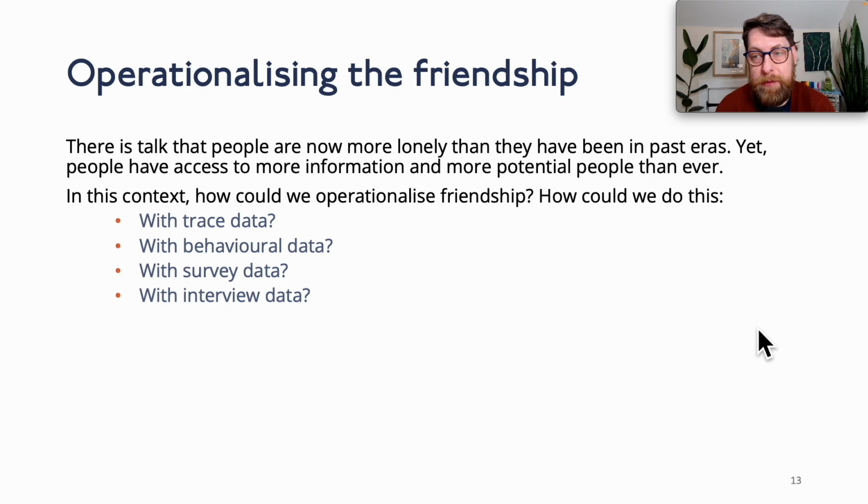So with survey data, we may have to disentangle that. And with interviewing someone about their friendship, it could be very much in depth, but we may get into a person's own notion of a friendship, which may actually vary from other people's notions of friendship, and so we can't necessarily make consistent measurements.